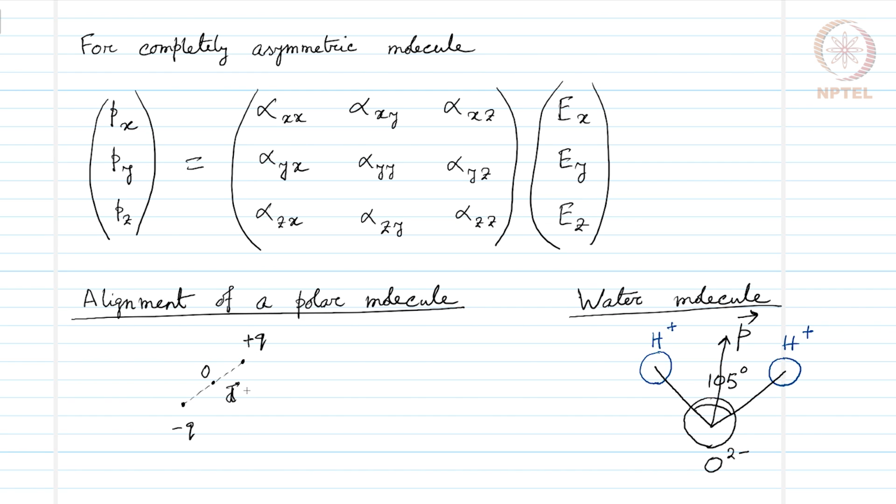Now, we consider applying an electric field along this direction. If we consider that, then what is going to happen? This electric field is going to apply a force on this atom in this direction. Let us call it F plus. Same amount of force on this atom in this direction, let us call it F minus.